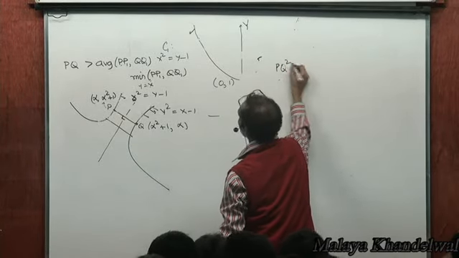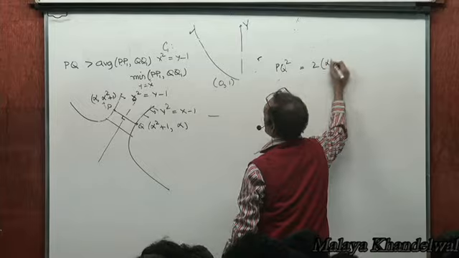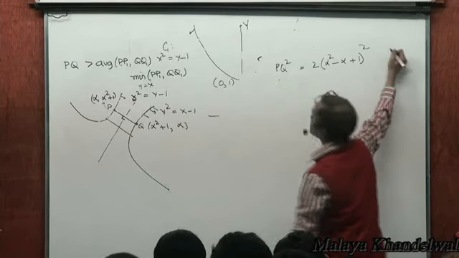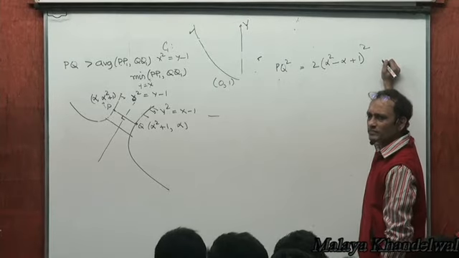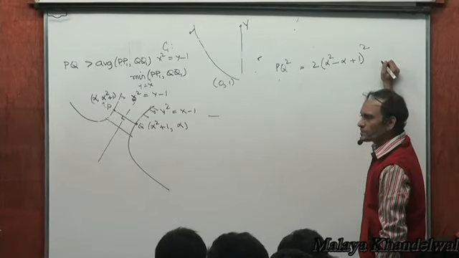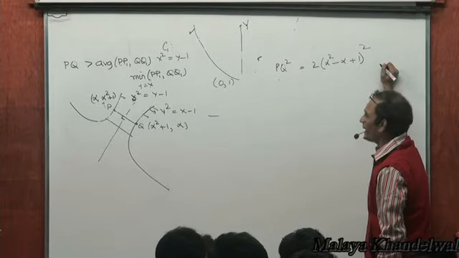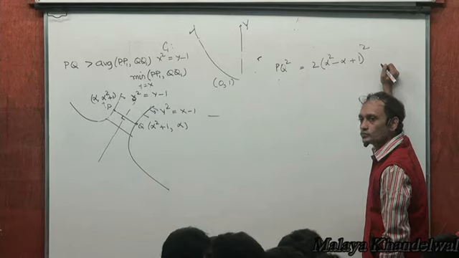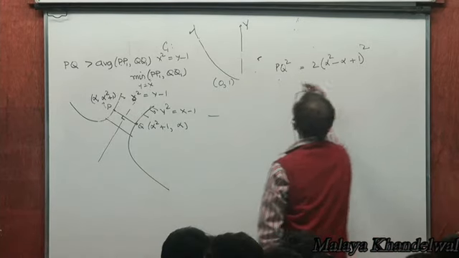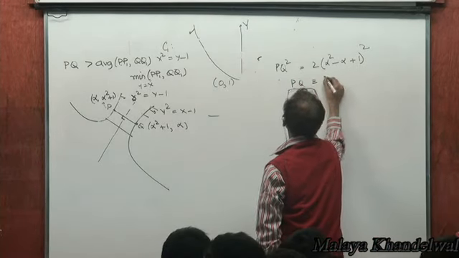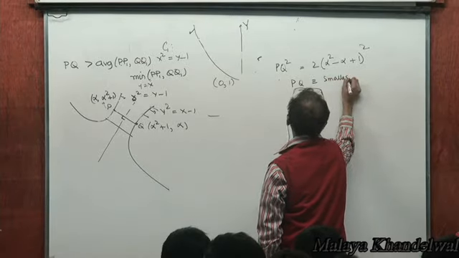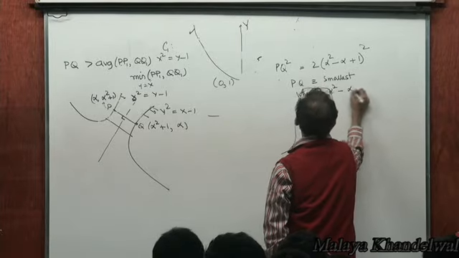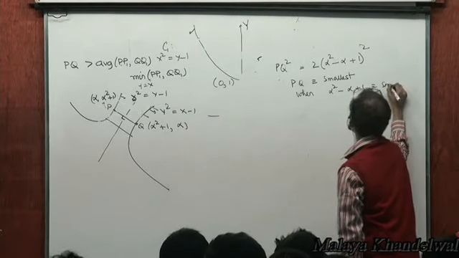Distance formula if I apply, that's twice alpha squared minus alpha plus 1 whole squared. Distance formula? x2 minus x1 whole squared plus y2 minus y1 whole squared. Right? Yes or no? Yes, so then, PQ will be the smallest when alpha squared minus alpha plus 1 will be the smallest in magnitude.